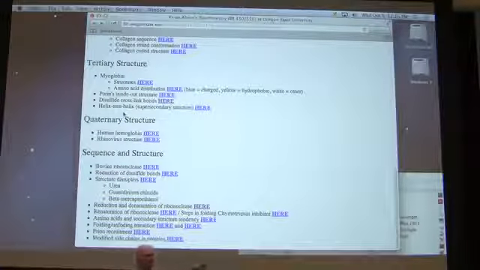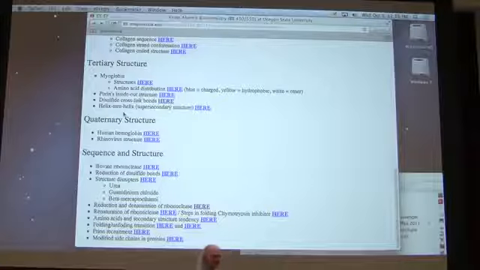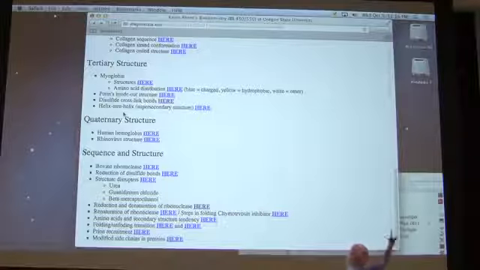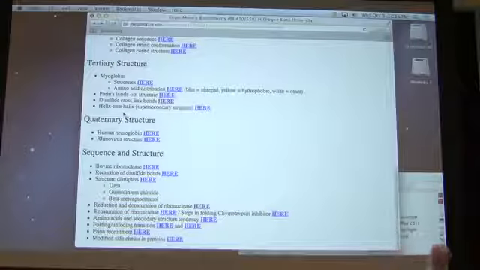Primary sequence had interactions between adjacent amino acids because they were peptide bonds. Secondary involved regular repeating structures like an alpha helix or a beta strand that arose from interactions between amino acids less than 10 amino acids away.